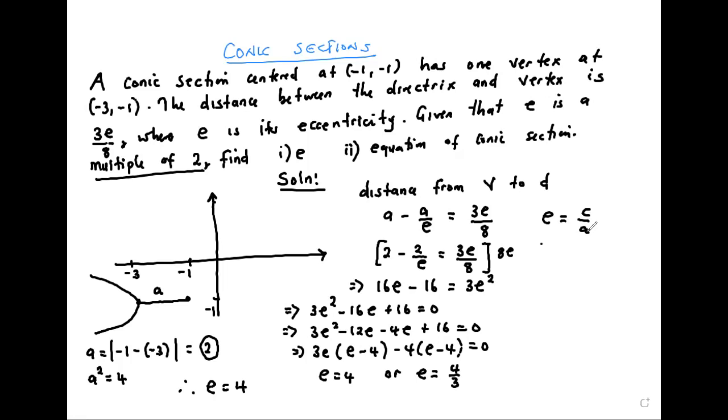We have e to be 4, a to be 2, so c is equal to 8, so c squared is 64. And then we want to get the value of b. So we have b squared is equal to 64 minus 4, which is equal to 60.